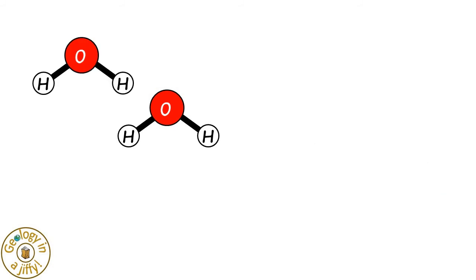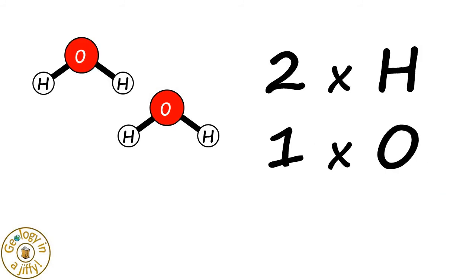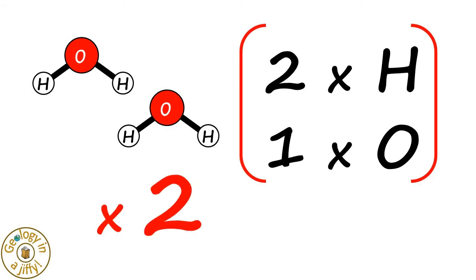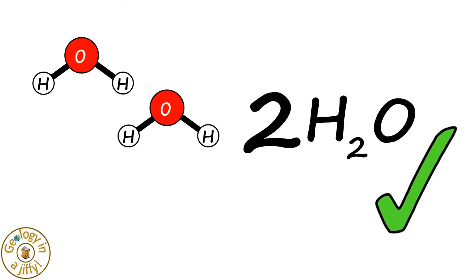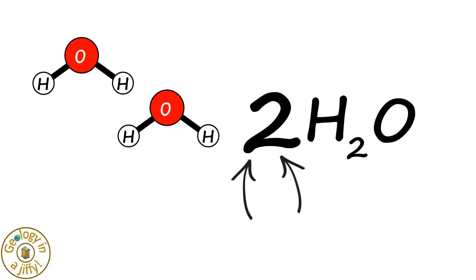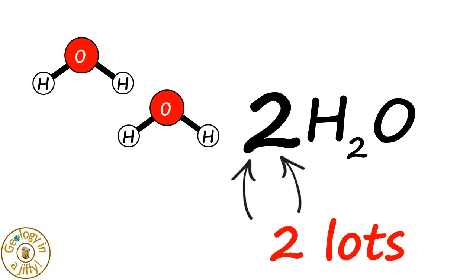Here we have two molecules of water. There are now not just two atoms of hydrogen and one atom of oxygen, there are two lots of all of them. So for these two molecules of water, the formula would not be H2O, but would be 2H2O, denoting that there are two separate molecules of water.